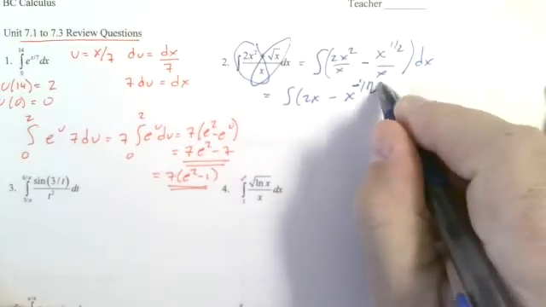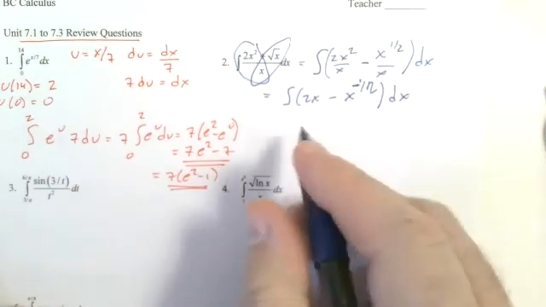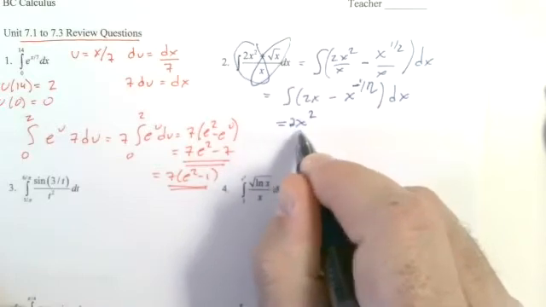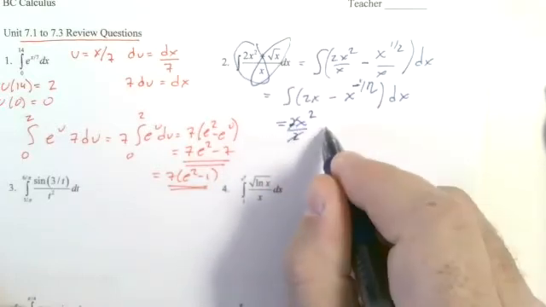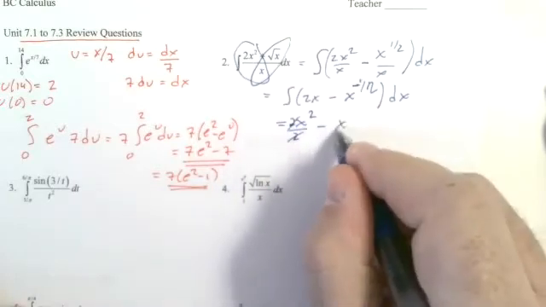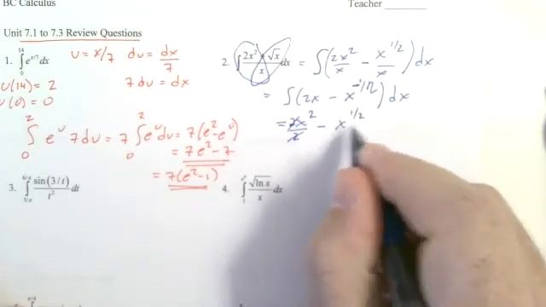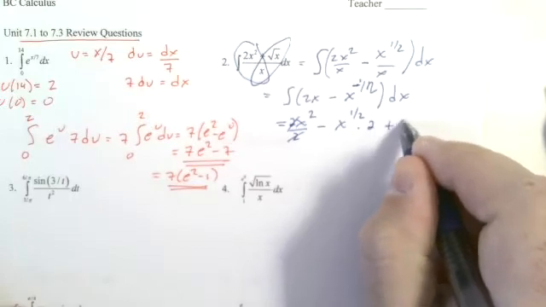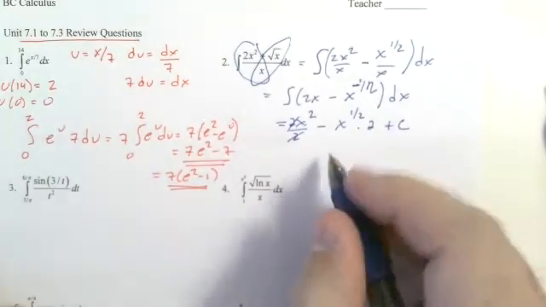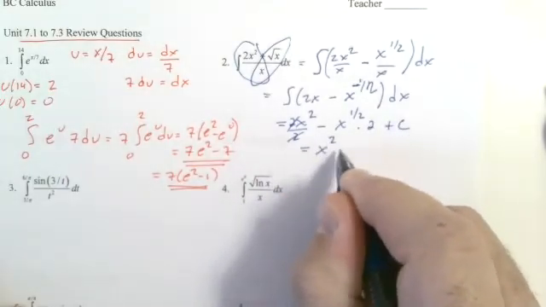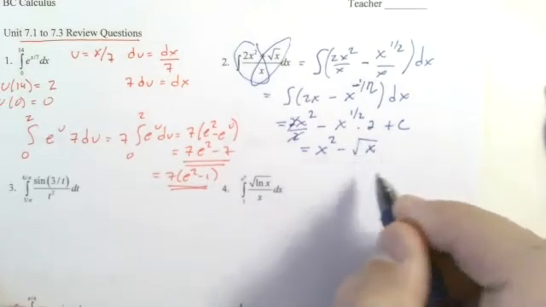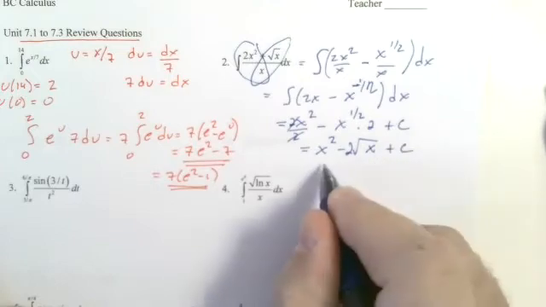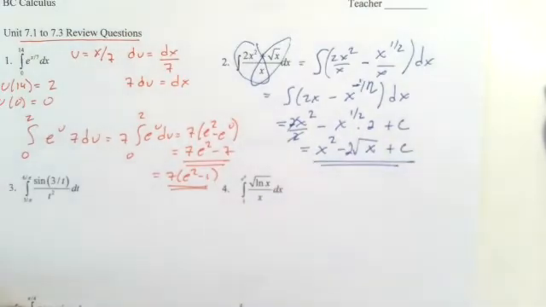Cancel, cancel. Add 1 to the exponent, x to the 1/2, divide by 1/2. It's like multiplying times 2, plus c. So it equals x squared minus 2 square root of x, plus c. And you can leave it as x to the 1/2 if you really want.